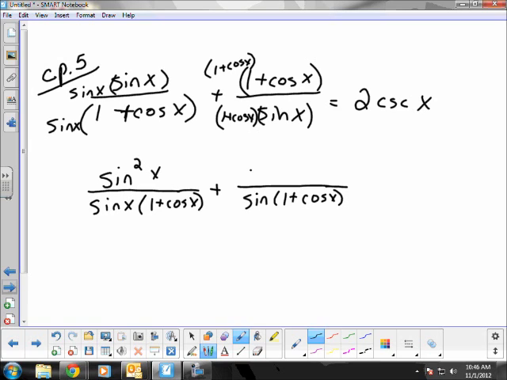But what do I get in the top? I have to do the full thing. So I've got 1 times 1, which is 1. There's 1 cosine. There's a second cosine, so it's plus 2 times the cosine of x. And then cosine times the cosine, plus the cosine squared of x.